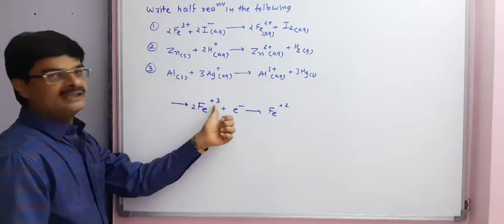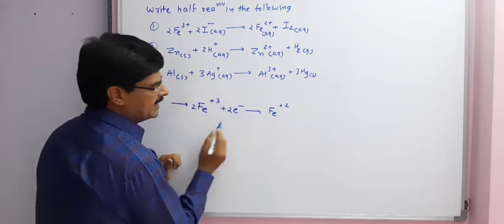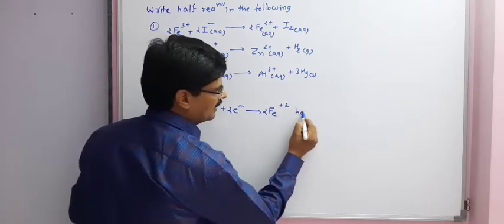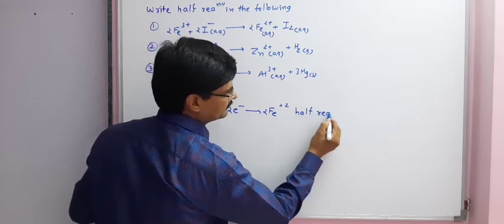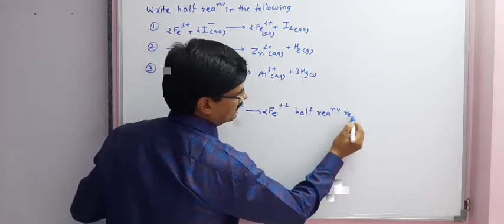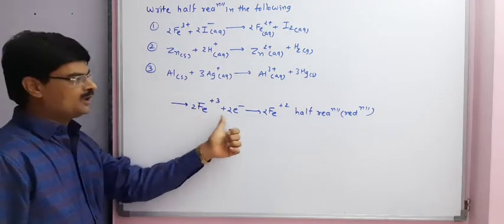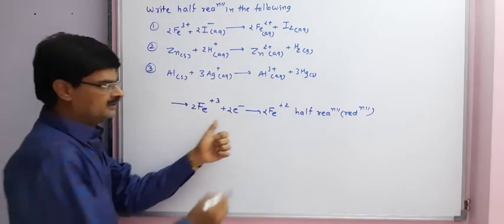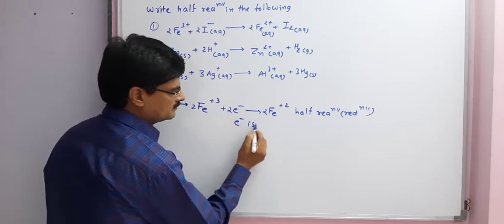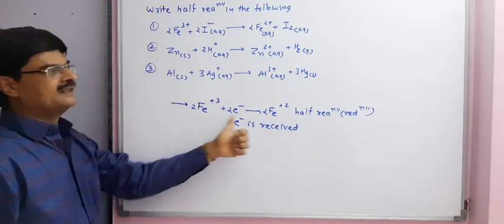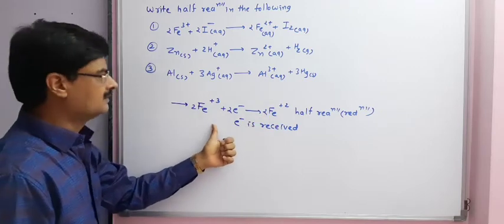Therefore, 2Fe3+ by gaining 2 electrons gives 2Fe2+. So this is a reduction half reaction, because electron is received.